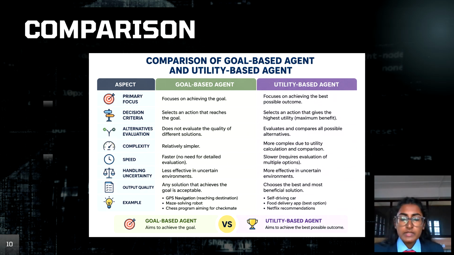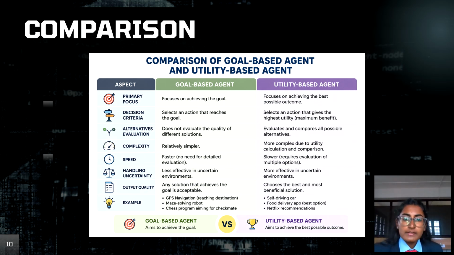Alternative evaluation: the goal-based agent does not evaluate the quality of different solutions, and the utility-based agent evaluates and compares all the possible alternatives. Complexity: the goal-based agent is simple, and the utility-based agent is more complex due to the utility calculation and comparisons.